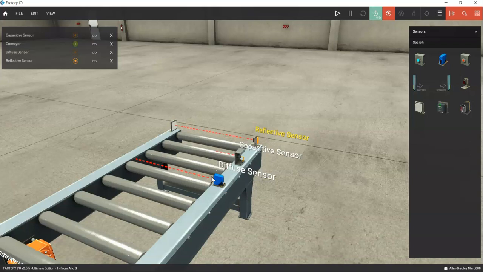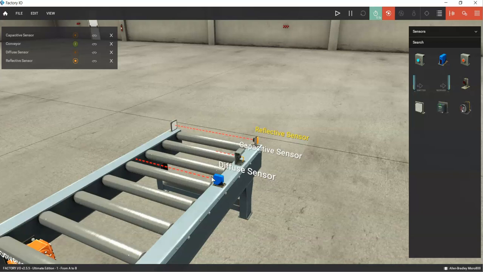So the light beam will have to bounce off of the box. So when the box crosses its path, the light beam will have something to bounce back off of, and that's when it gets triggered. When it sees the light beam come back to it, like a boomerang, that's when the sensor activates.